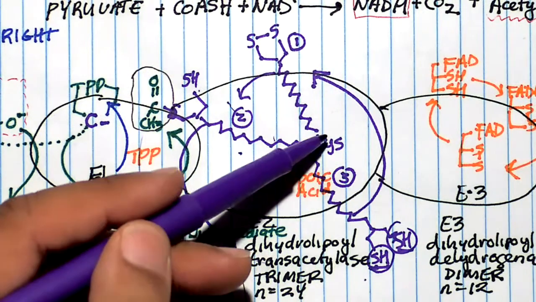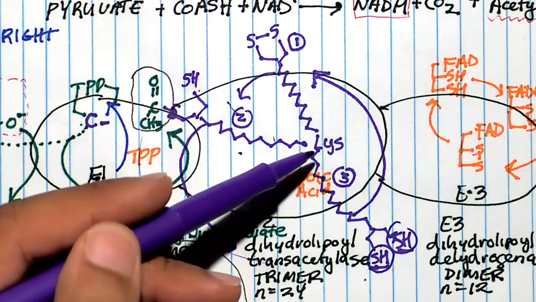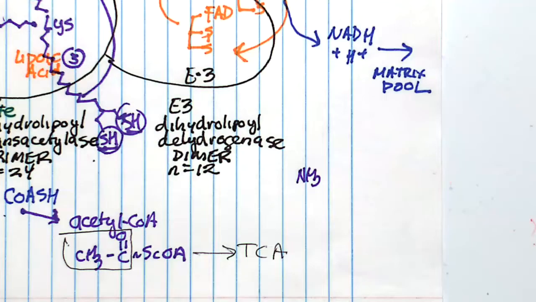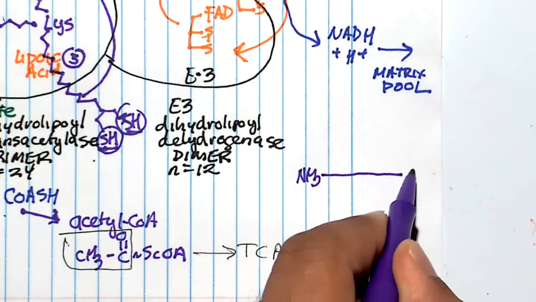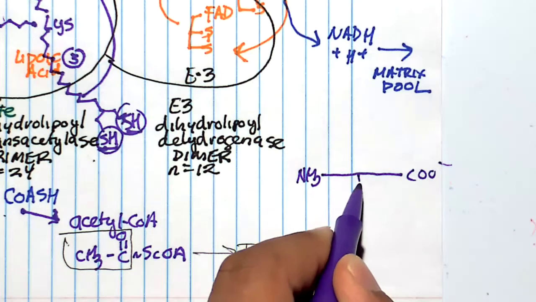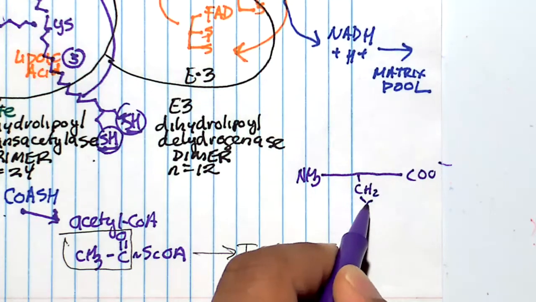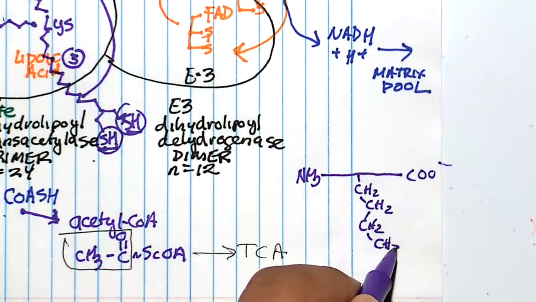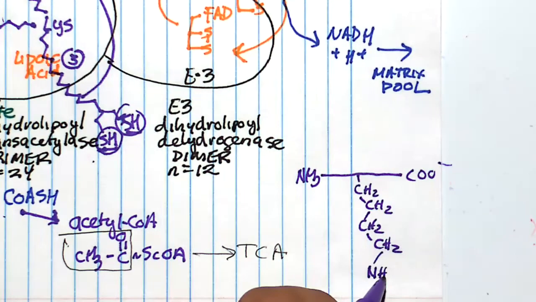Okay, lysine, as you know, is a very long side chain. If we remember the structure of lysine, it is CH2, CH2, CH2, CH2, and then an NH3 plus.